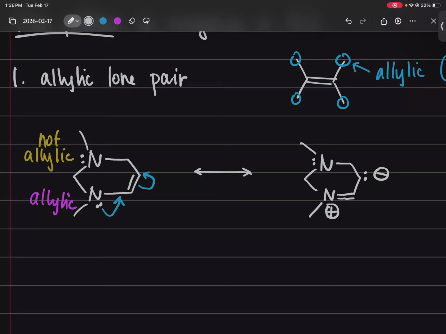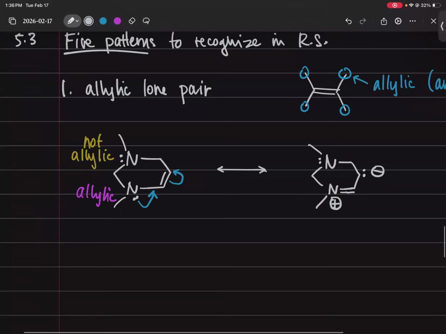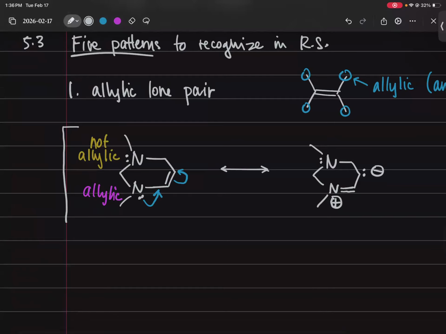There we go. So that has a positive charge. Structure at the beginning has no formal charges. It's net neutral. And the resonance structure that we've drawn is also net neutral. It's got 1 positive and 1 negative charge.